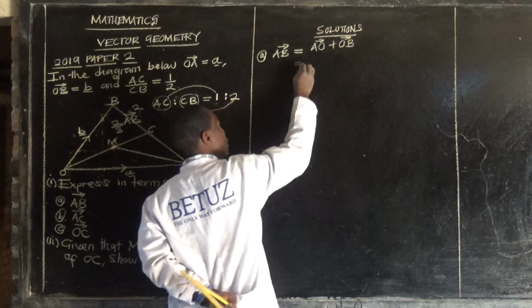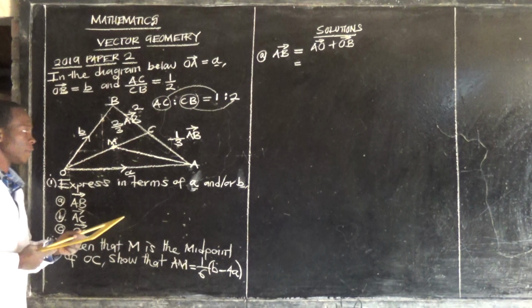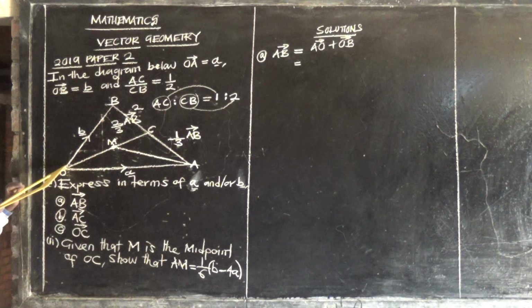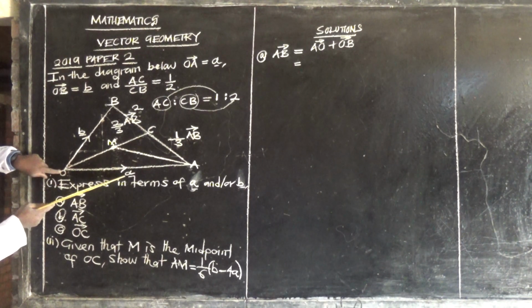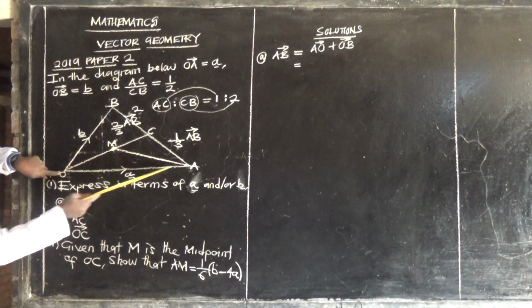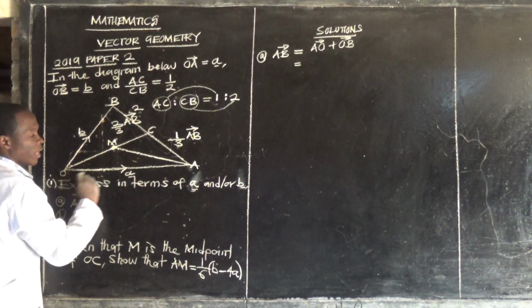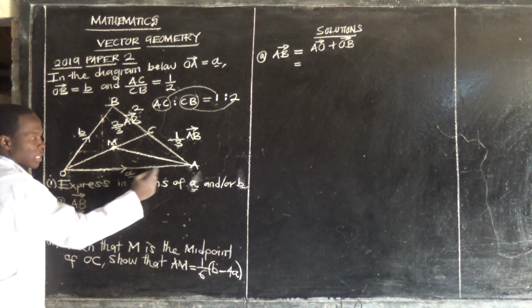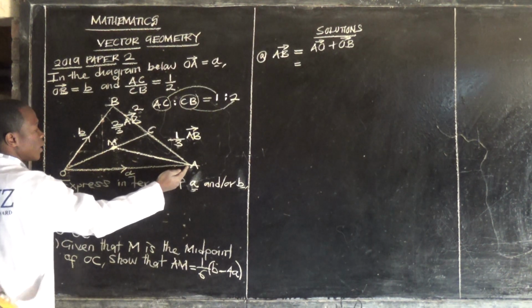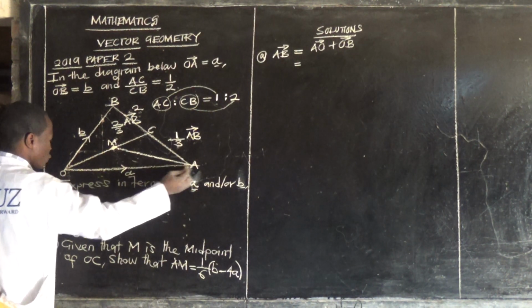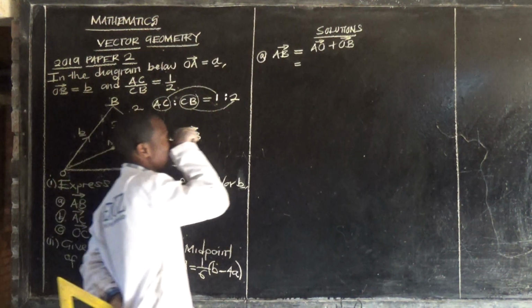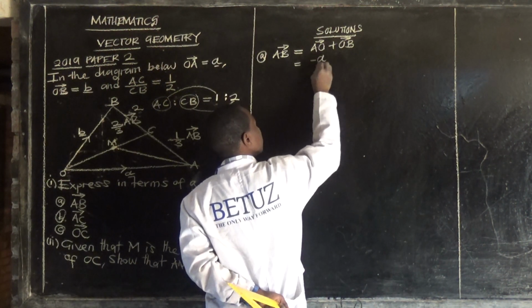So now, what is our AO? Since we are moving against the arrow, we are going to have negative a, because this is OA, and OA is positive a. As we are starting from A going to O, it's going to become negative a.